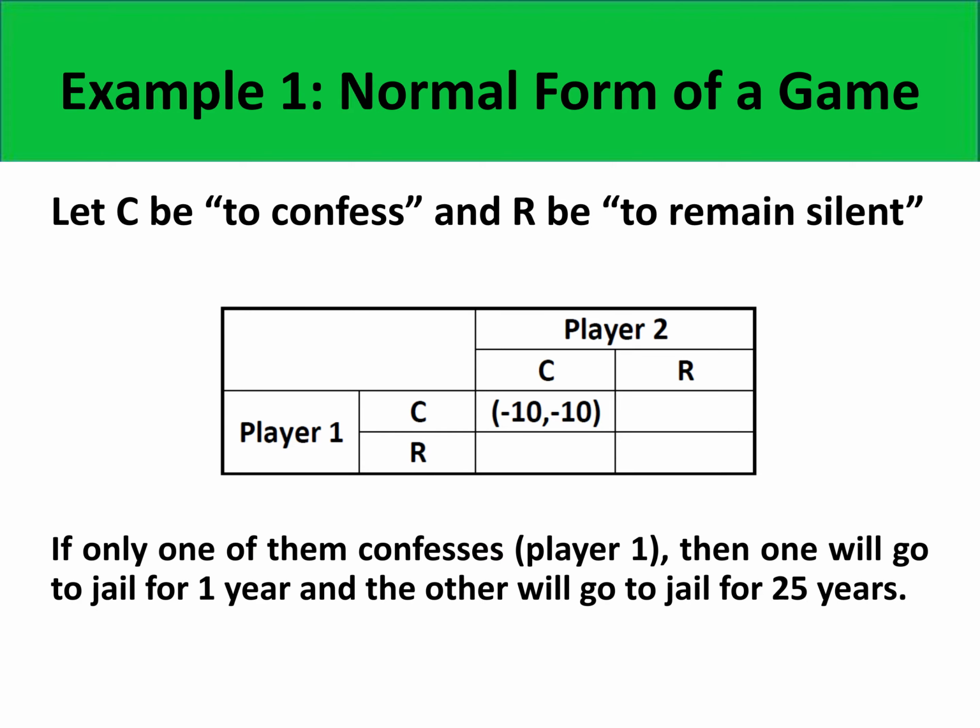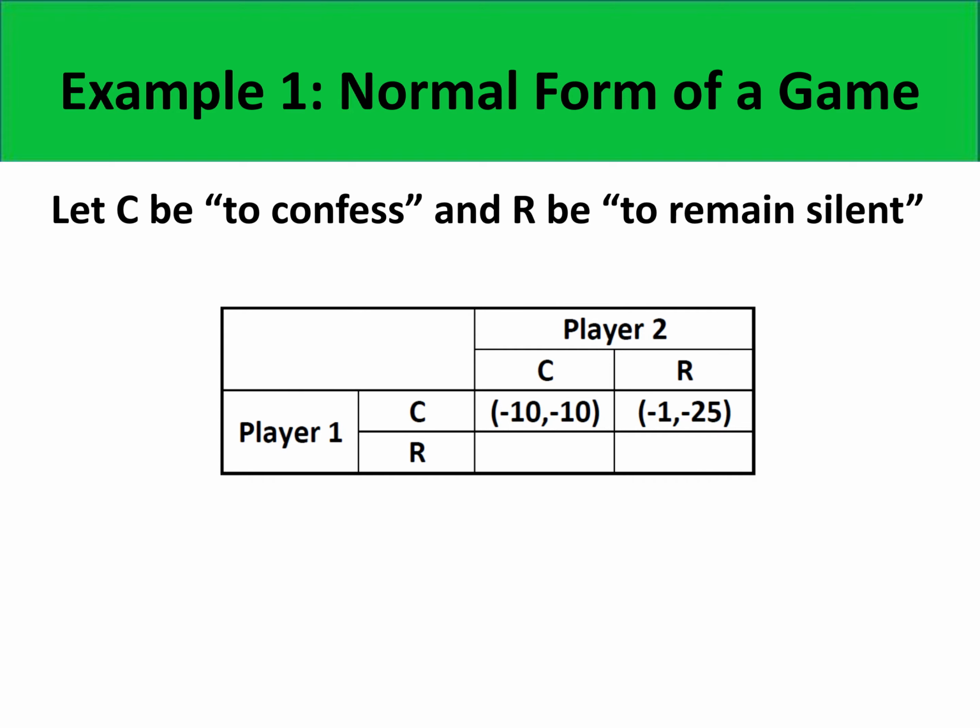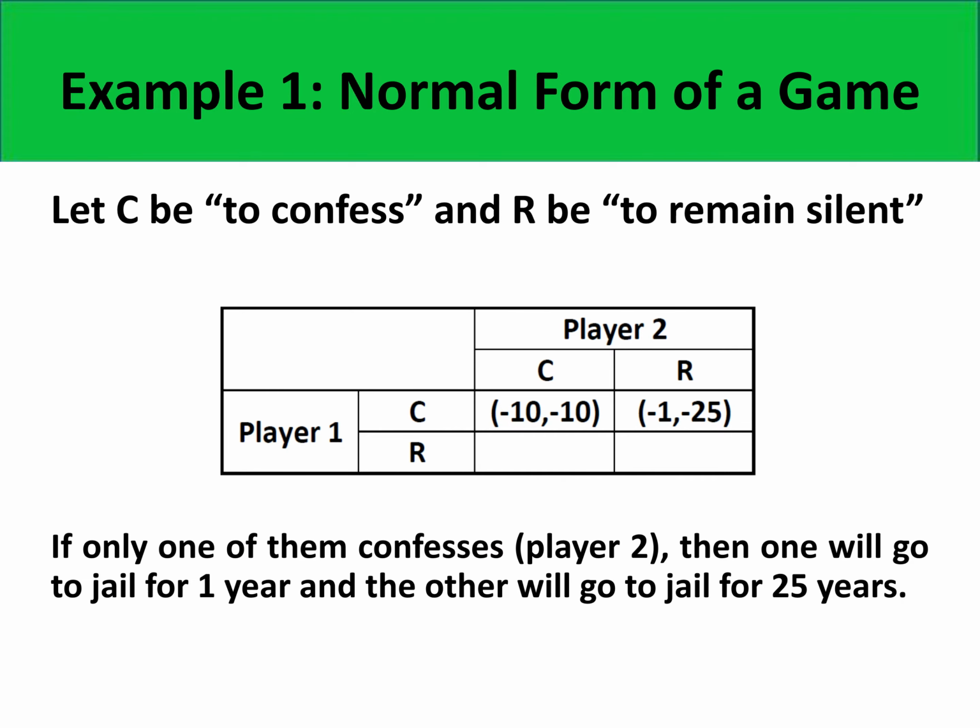Now, if player 1 confesses and player 2 remains silent, that means that player 1 gets -1 while player 2 gets -25. Now, if player number 1 remains silent and player number 2 confesses, that means player 1 gets -25 and player number 2 gets -1.